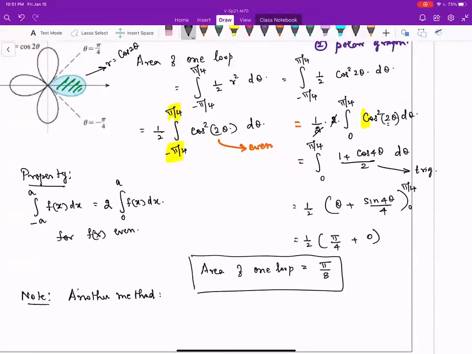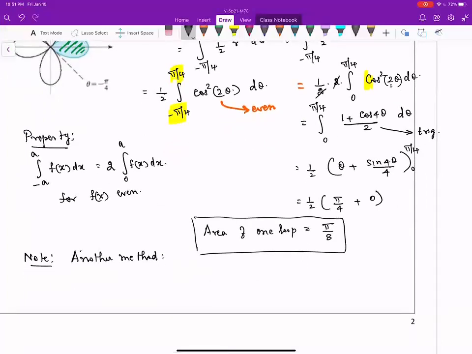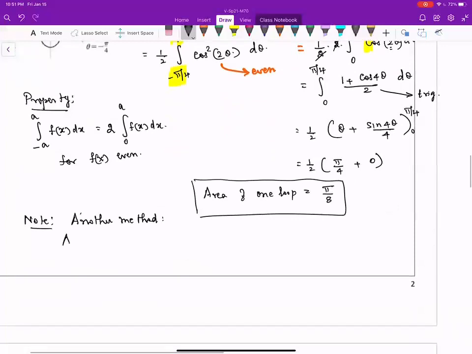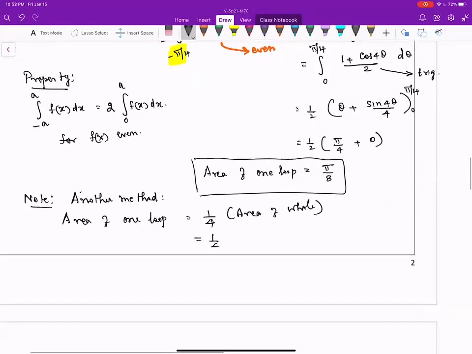As the area of each loop is the same as the others, we can consider one loop to be 1/4 of the area of the complete polar curve. So the area of one loop is 1/4 of the integral from 0 to 2 pi of the entire graph.